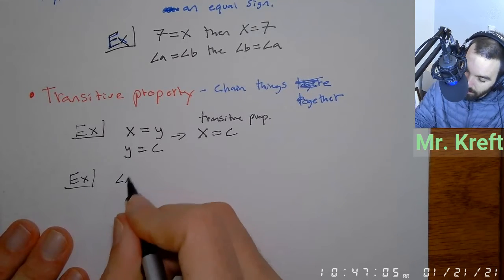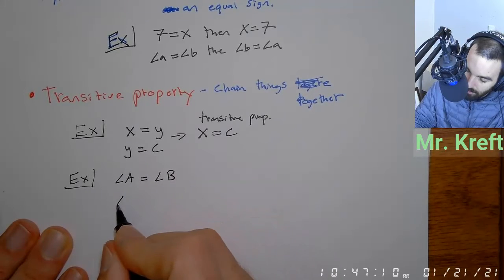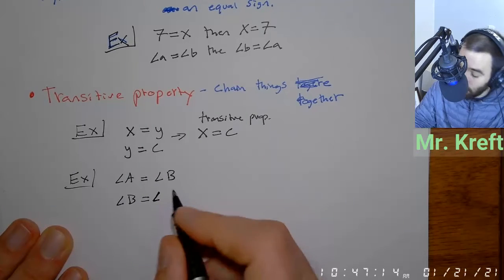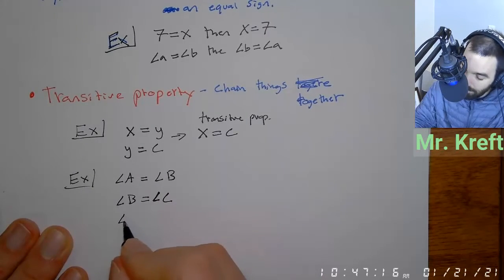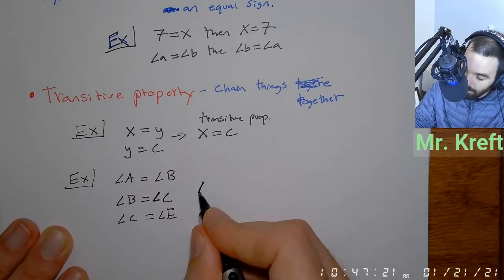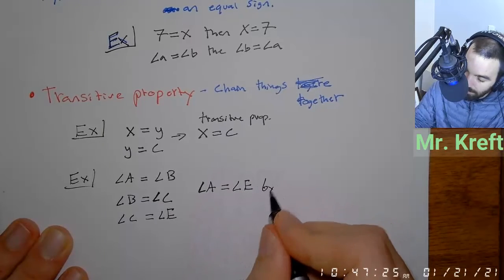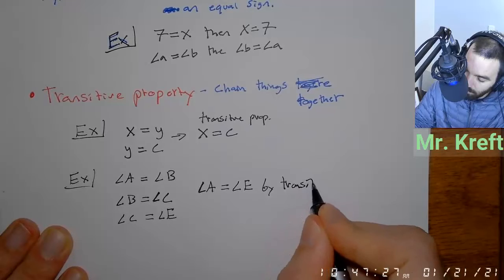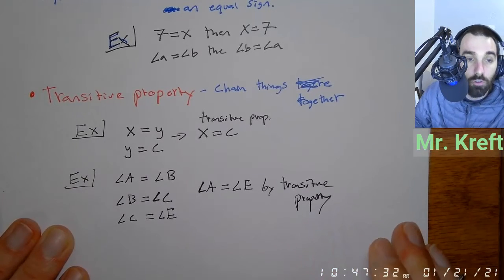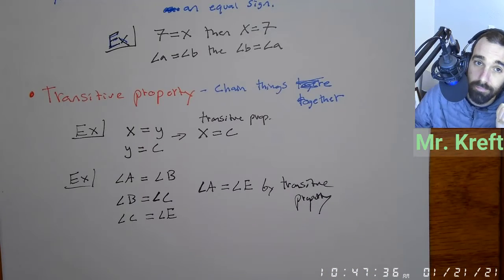Let's say angle A equals angle B. Let's say angle B equals angle C. Angle C equals angle E. So then I can say angle A is the same as angle E by transitive. So transitive property is basically law of syllogism.